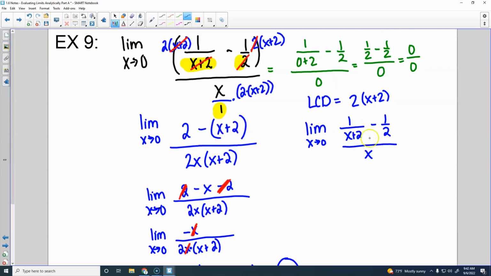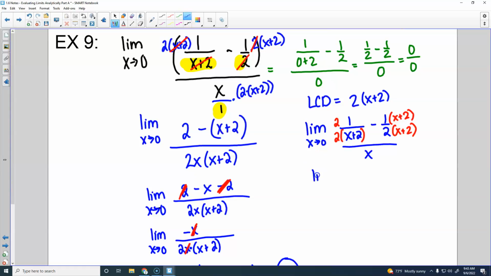We might choose just to deal with the numerator first and get common denominators there. So I could do that by multiplying this by 2 and this by x plus 2. Like so. So I'm only getting common denominators in that numerator part.